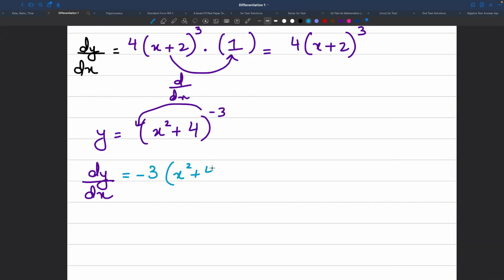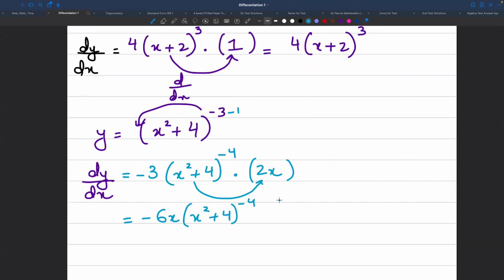You will decrease the power by 1 as we did, will become -4. But you will also multiply it with the derivative of this x² + 4, whatever is in the bracket. So the derivative of this will become 2x, right? So your final answer will be -6x(x² + 4)^-4.